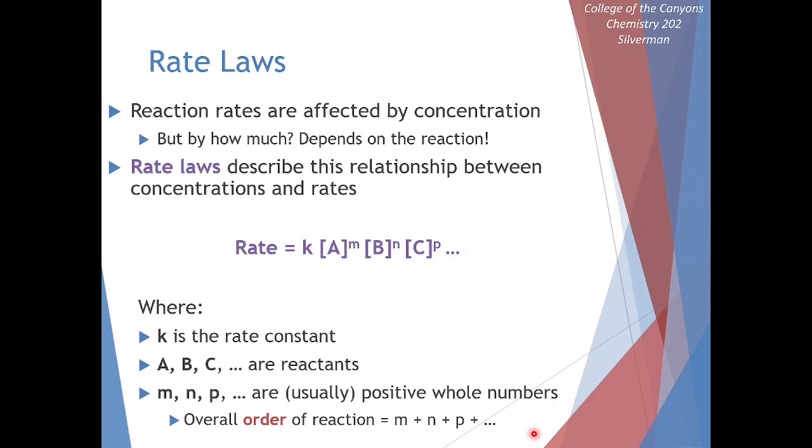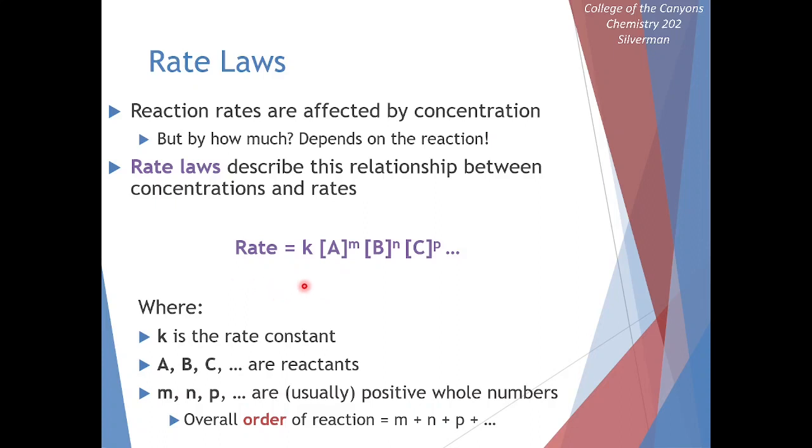What does this mean? Well, this rate law is an equation. It tells us, if we double the concentration of a specific chemical, does this make our reaction rate bigger? Does this make our reaction go faster? Or when we double our concentrations, does this make our reaction rate quadruple? Or perhaps when we change our concentration, this does not affect the speed of our reaction at all.